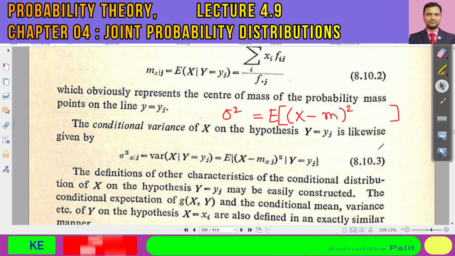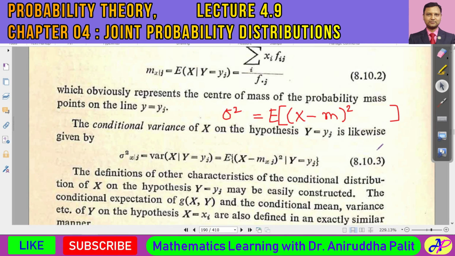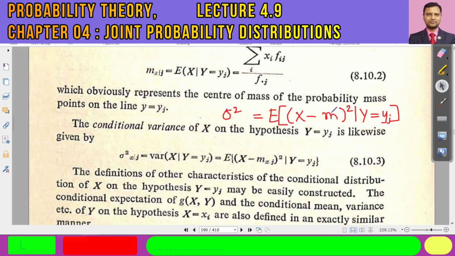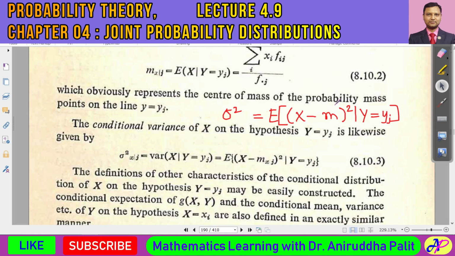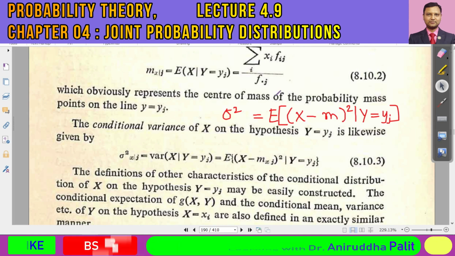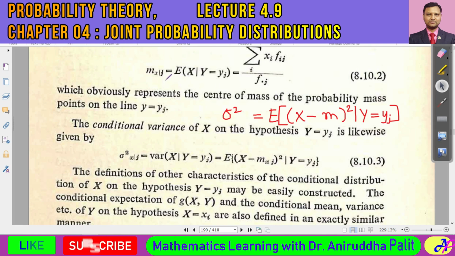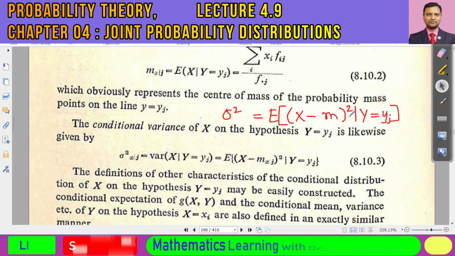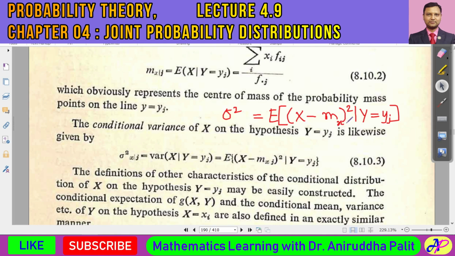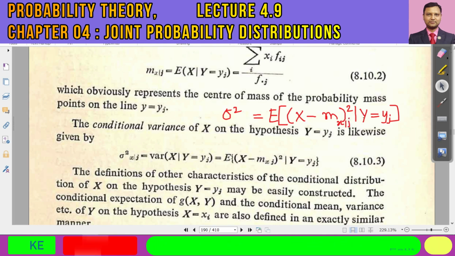Now, if you consider the conditional expectation, that means if we put the condition that y is equal to yj, in that case, in place of m, we shall have to put the mean of the corresponding conditional distribution, that is m x given j.